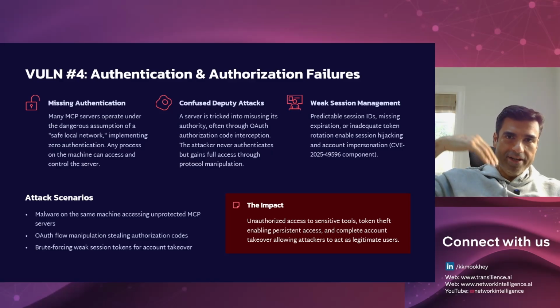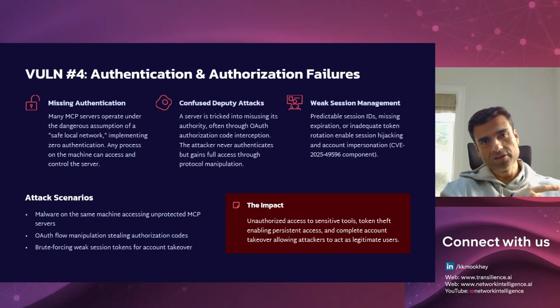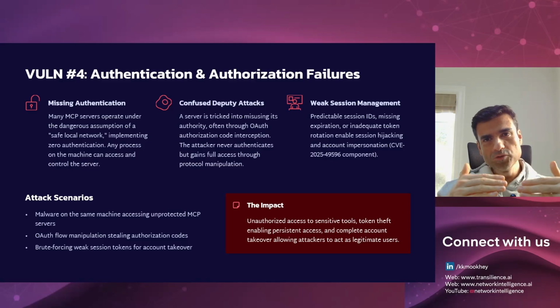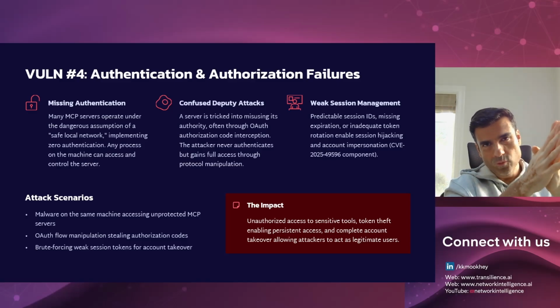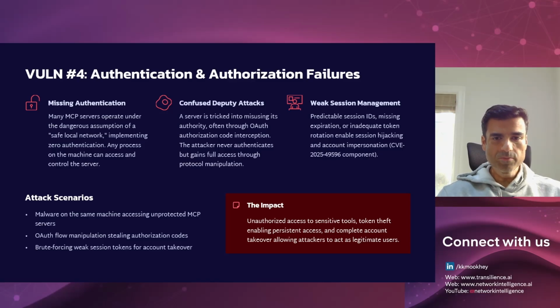So it would be acting like a deputy to talk to Slack, and it may confuse one user's request with another user's request. And attackers may use poor session management or poor ID creation, predictable ID creation, to confuse the MCP server and relay or parlay attacks or data of one request to the other user. So confused deputy is very much possible.